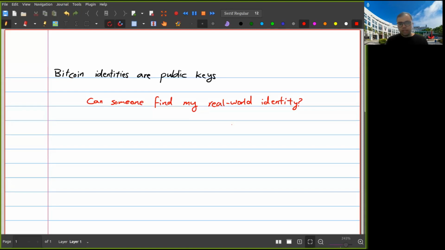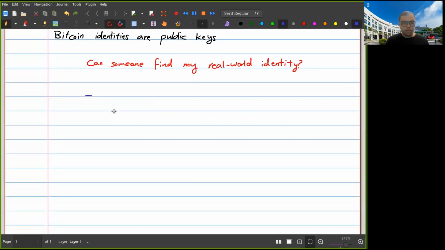Now, there are two issues with this, and both come from the fact that Bitcoin and these cryptocurrencies are currencies at the end of the day. So you want to buy and sell them. There are two questions that you have to answer. The first question is, where do I get my Bitcoins? Or more specifically, how do I buy them?